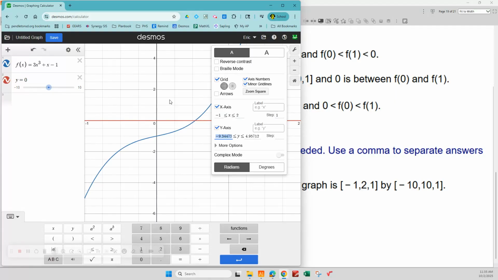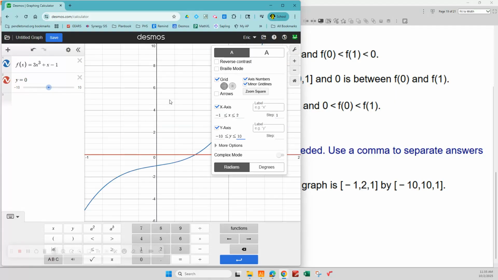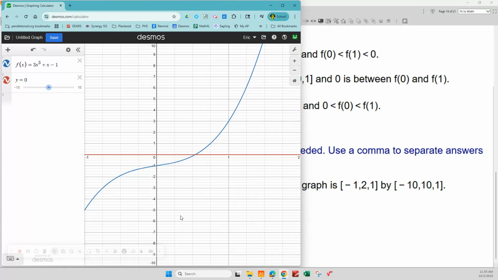Y is going to go from -10 to 10 in steps of 1. And now that should exactly match the options. That window exactly matches the parameters, and so I'll pick the one that looks exactly like that. Okay, make sense?